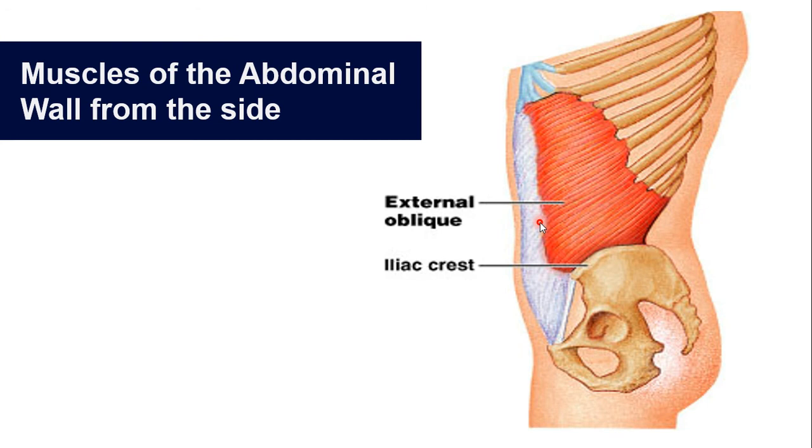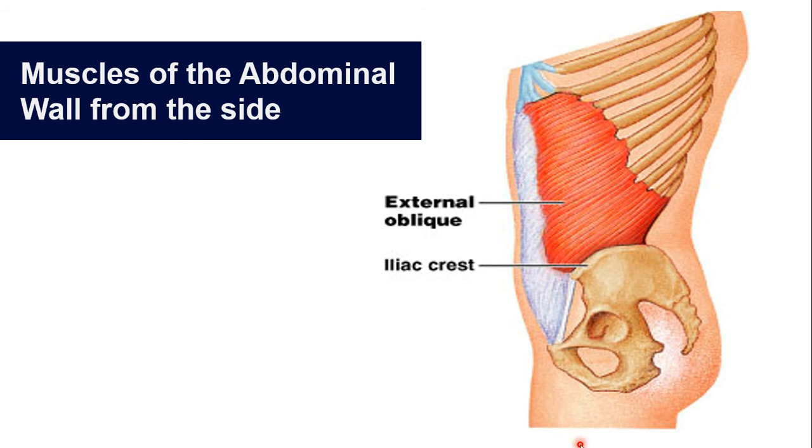Your external oblique originates from the lower eight ribs right here, and then it inserts to the xiphoid process, to the linea alba, which is found at the center of your abdomen, the iliac crest right here, and then the pubic tubercle right here, as what I am pointing using my laser pointer, and of course the pubic crest.